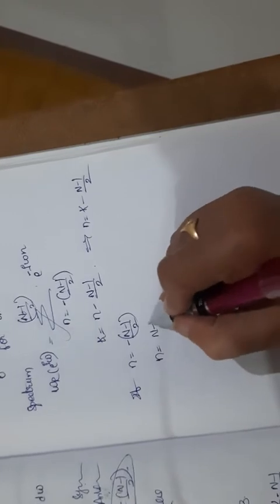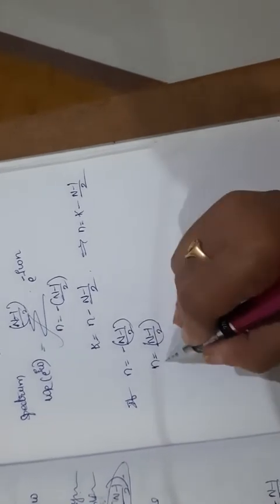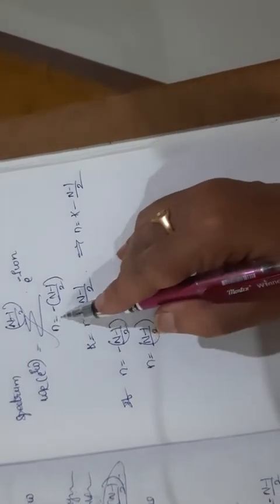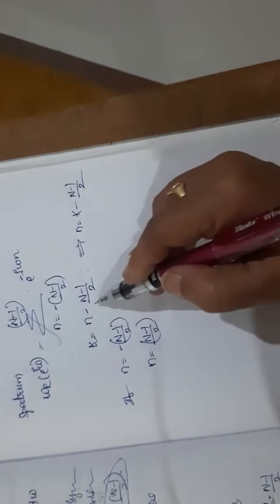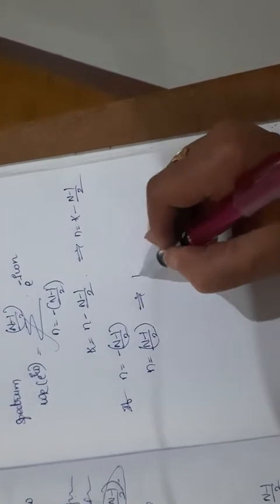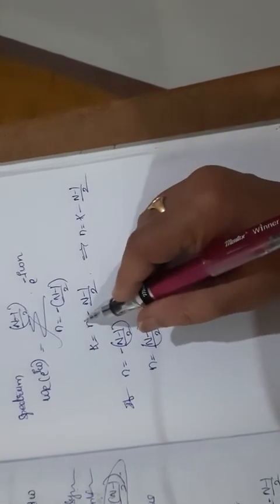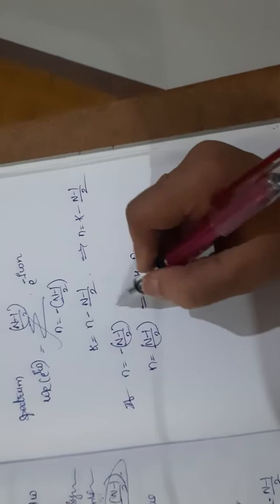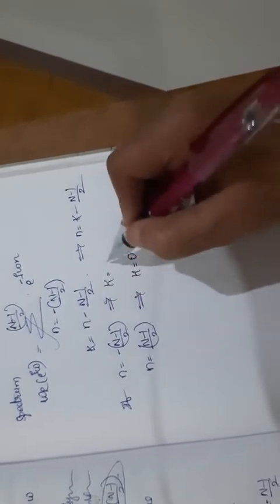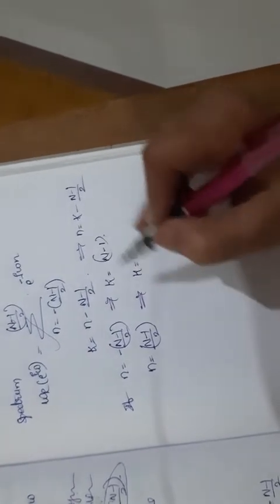If n = (N-1)/2, then k = (N-1)/2 + (N-1)/2, so k = N-1.